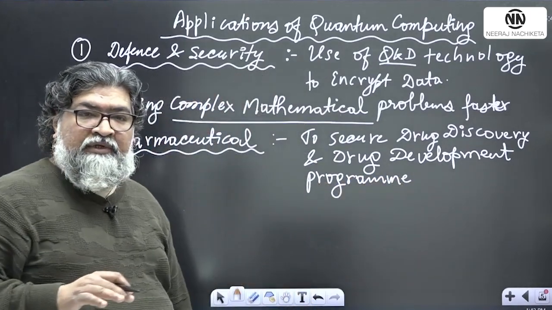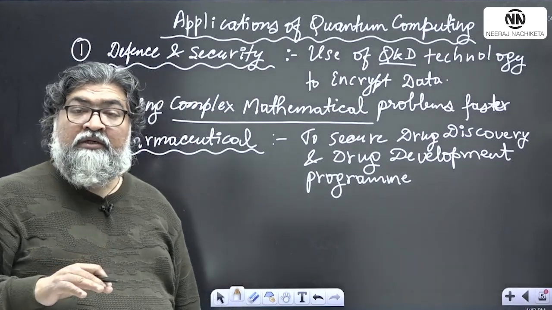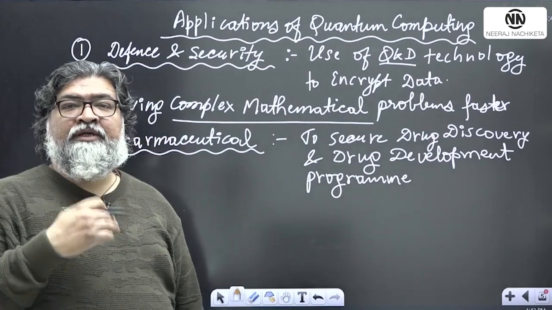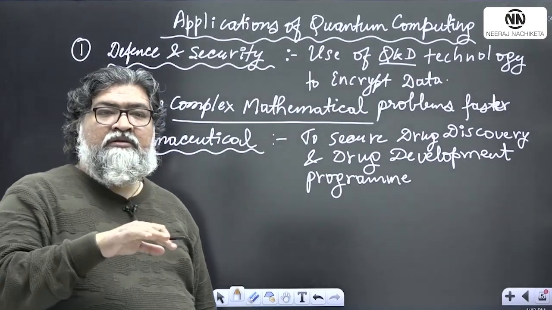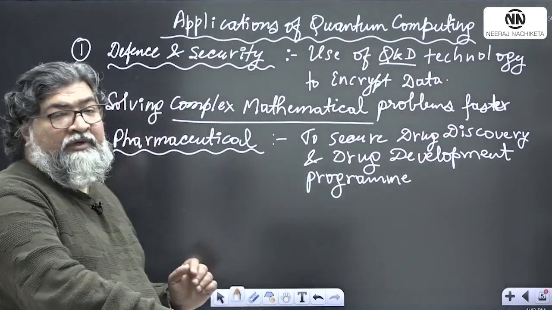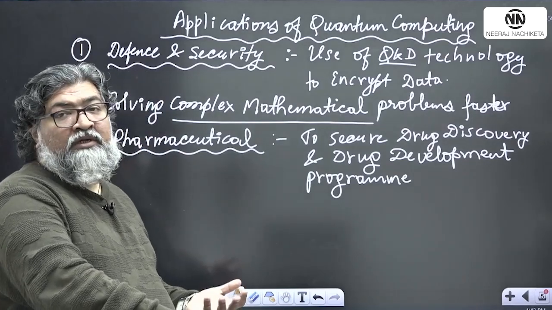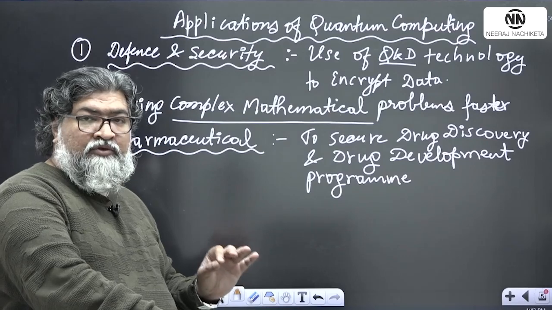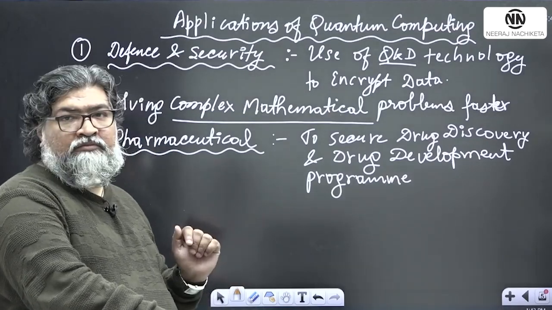All the data can be analyzed and processed very fast. It can give us insight into the data. Plus, it will also help in the development of new drug molecules. At the same time, information about the making of that drug molecule will remain secured.